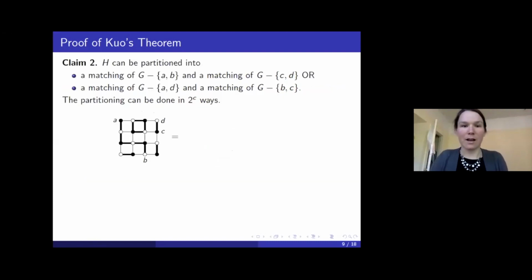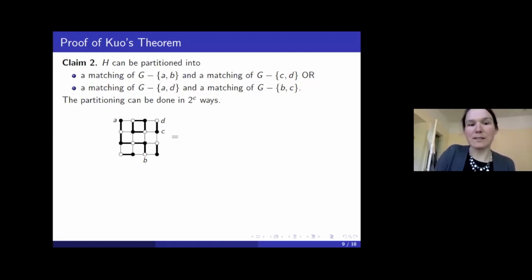Okay. So then remember from earlier, we said that we're always going to have paths from A to B or C to D, or paths from A to D and B to C. And which of those situations we're in determines whether H is partitioned into a matching of G minus AB and a matching of G minus CD, or into a matching of these other two graphs, right?